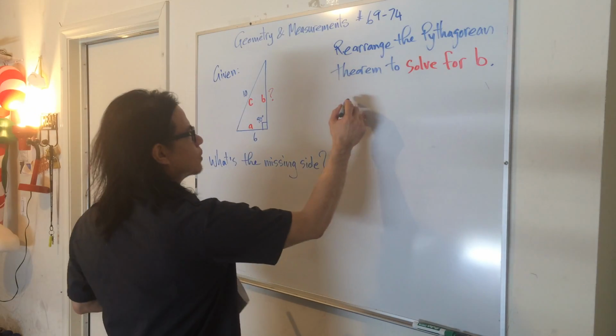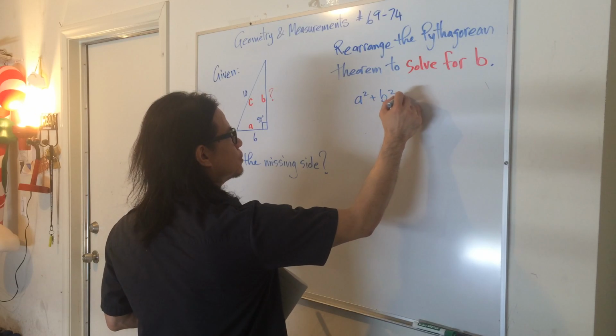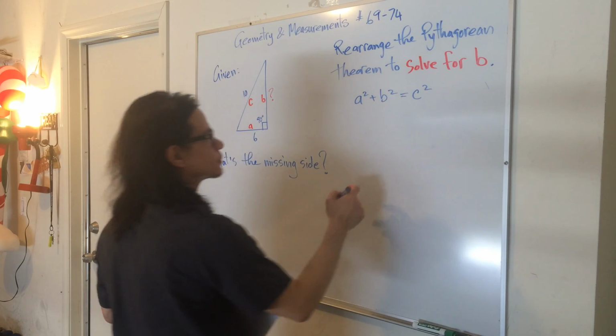Okay, so lay down your Pythagorean theorem. A squared plus B squared is equal to C squared.